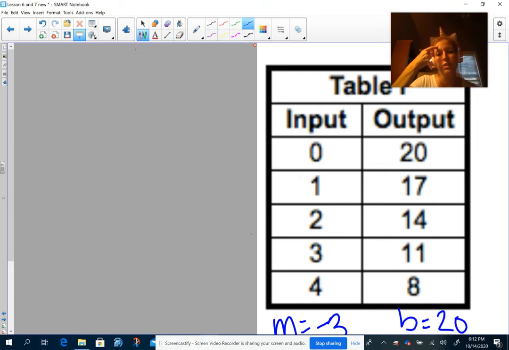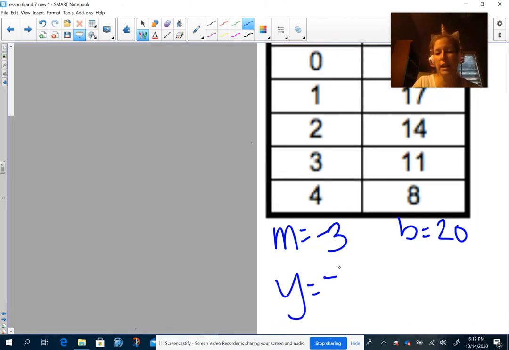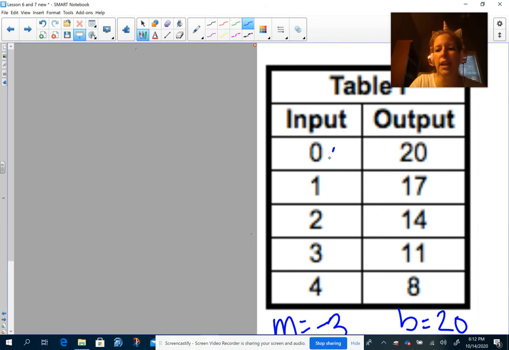I know that my rate of change is a -3. What operation are we using with our m? Remember that m word that I want to use? Multiply. That's right. So if I say 0 times -3, what do you get? You get 0, right? So 0 plus what is 20? That's another way to find it. 0 plus 20 is 20.